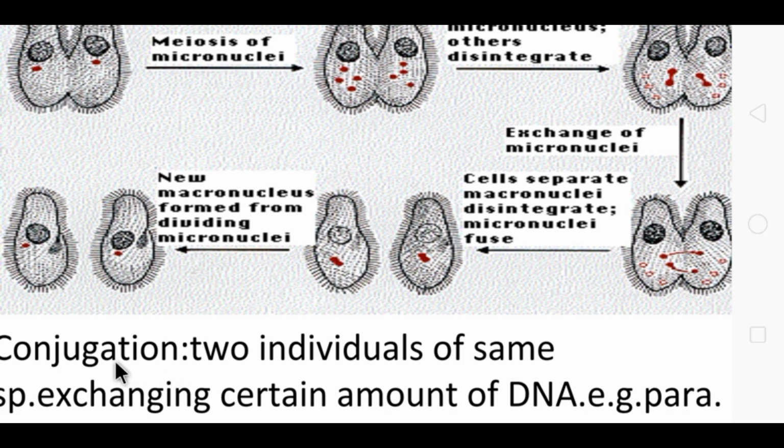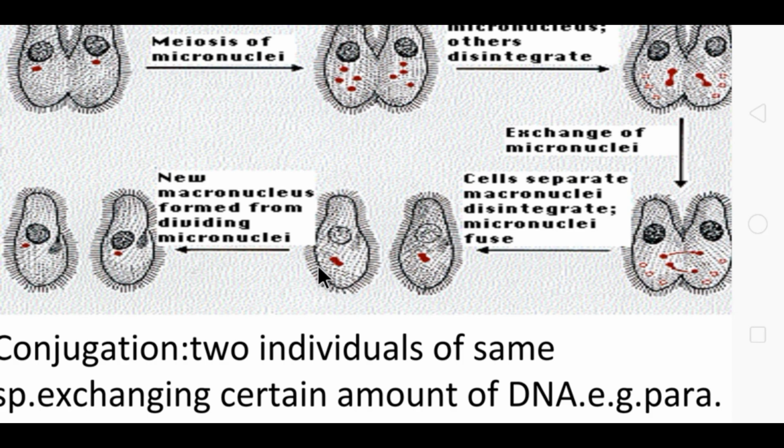So conjugation means two individuals of the same species, both called conjugants, exchange a certain amount of nuclear material, that means DNA material, and then separate.